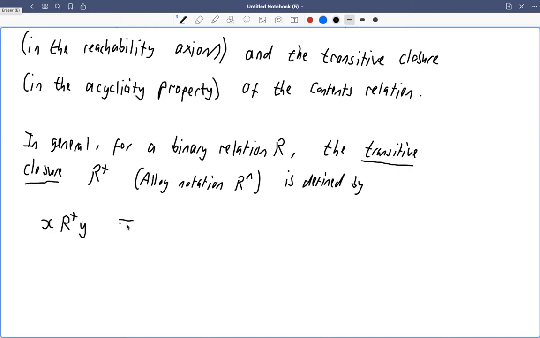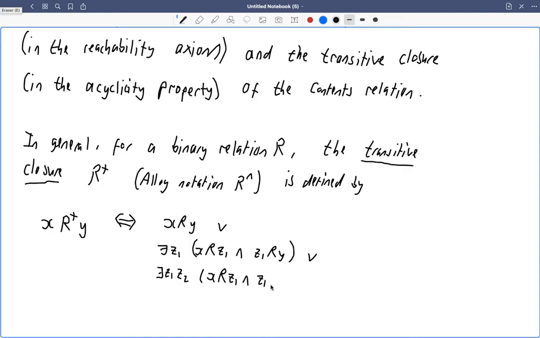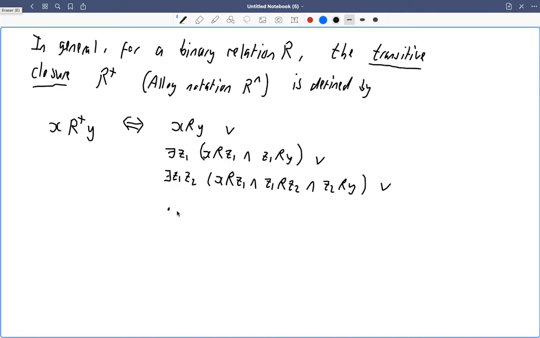This holds if and only if, let's just write it informally, either X is related to Y, or there exists a Z1 such that X is related to Z1 and Z1 is related to Y, or there exists Z1, Z2 such that X is related to Z1 and Z1 is related to Z2 and Z2 is related to Y, or, and so on.